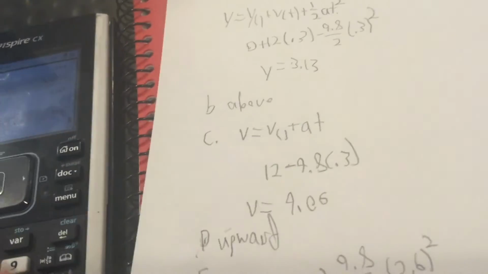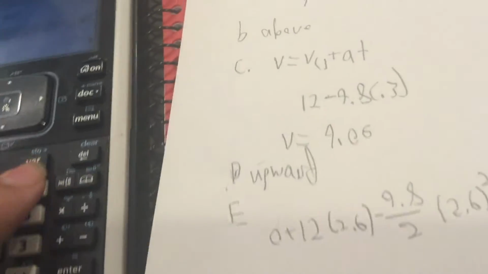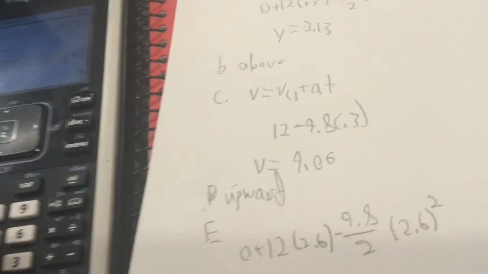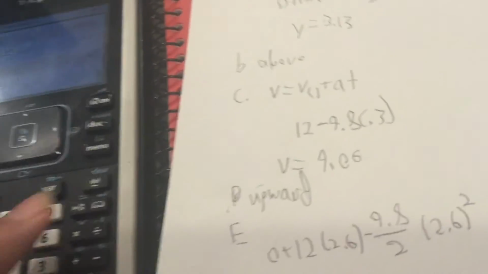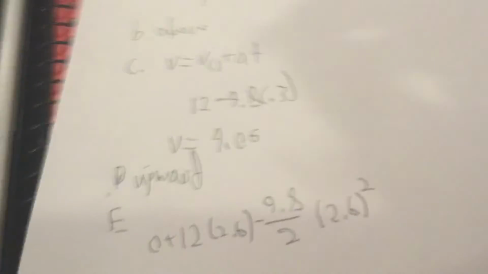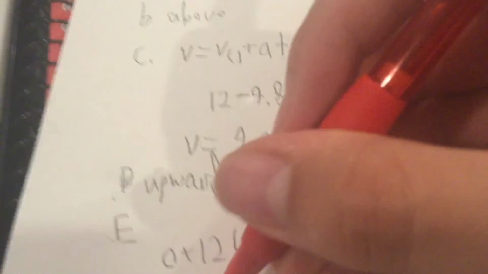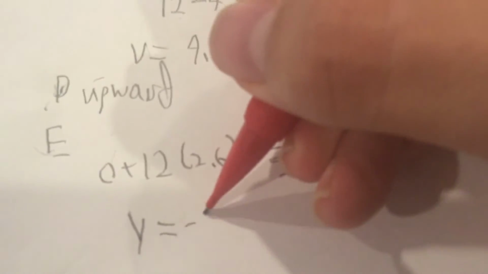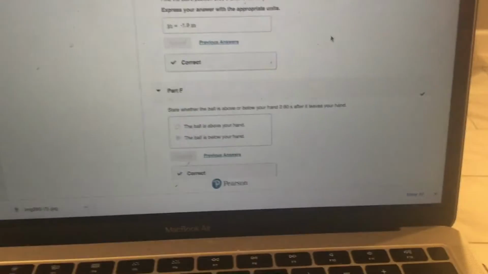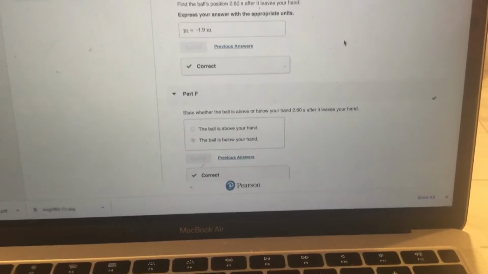Plug that into the calculator: 12 times 2.6 minus 9.8 divided by 2 times 2.6 squared. That equals y equals negative 1.924.